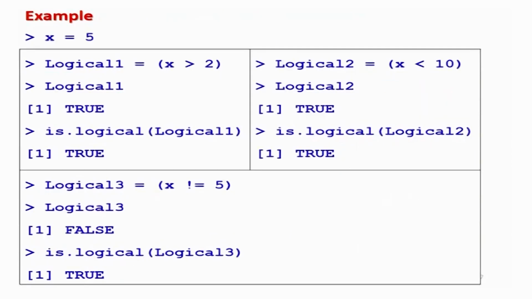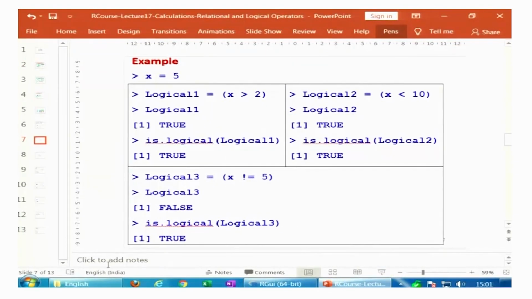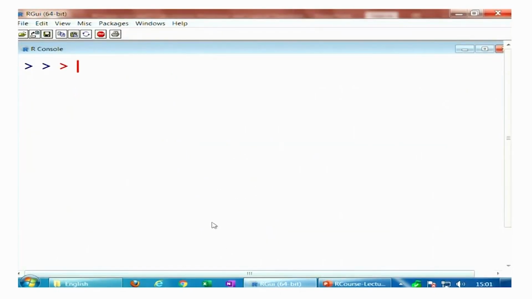Before going into the R console, let me show you these operations on the R console itself. You can see I take two variables, x equal to TRUE and y equal to FALSE.